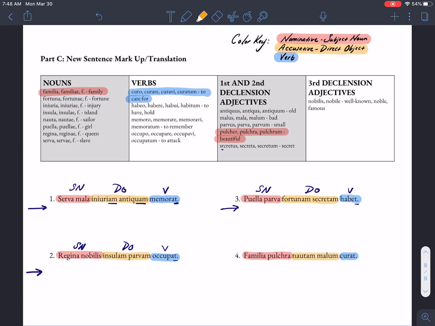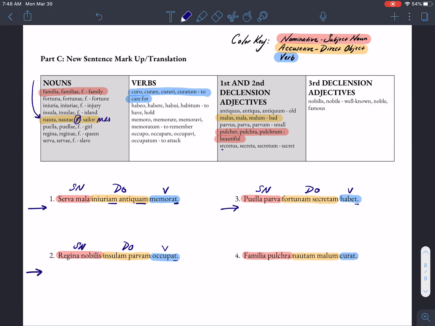I actually made a mistake over here, and I'd like to see if you can find it. The mistake is right here. Look at that word closely. What did I do? I made the mistake of saying that nauta is feminine. It's not.